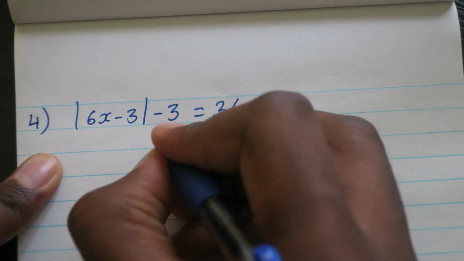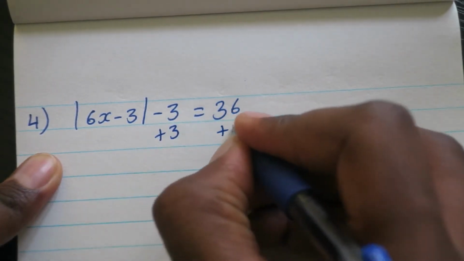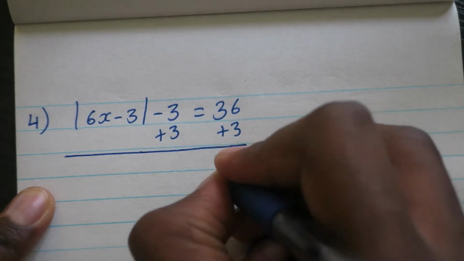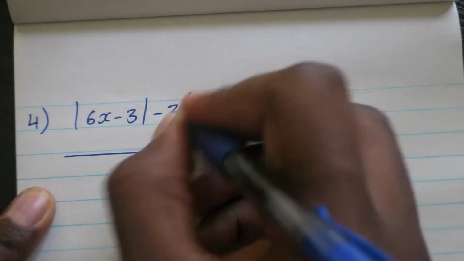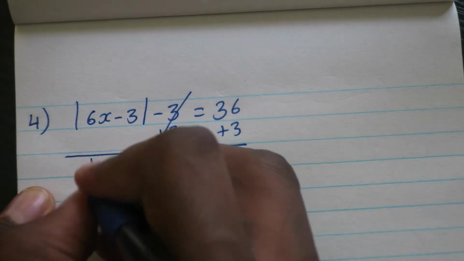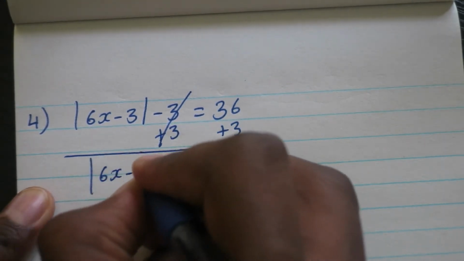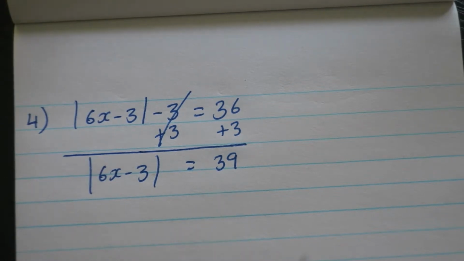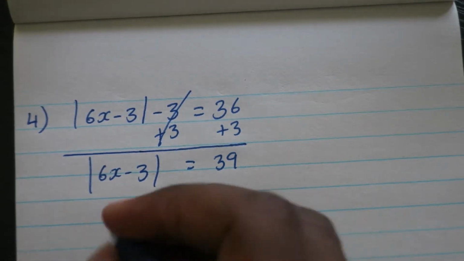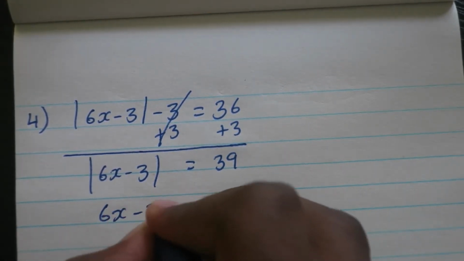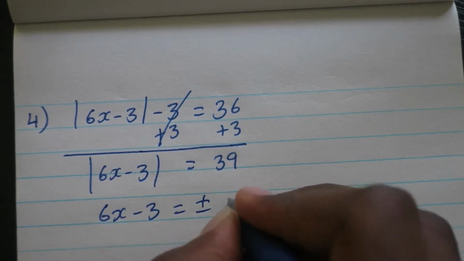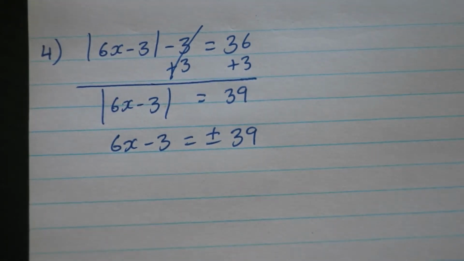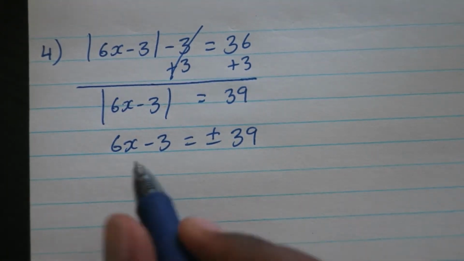So that means get rid of this negative 3 here by adding 3 to both sides, and then add straight down. We get 39 equals, this crosses out, absolute value of 6x minus 3 equals that positive number. My k value is positive, so I can say this is 6x minus 3 equals plus or minus 39. That's the definition of that first absolute value that we had.